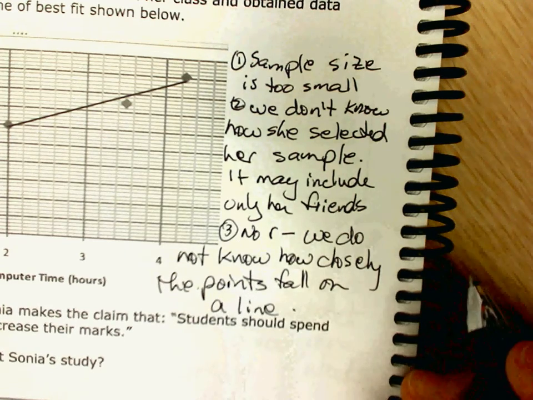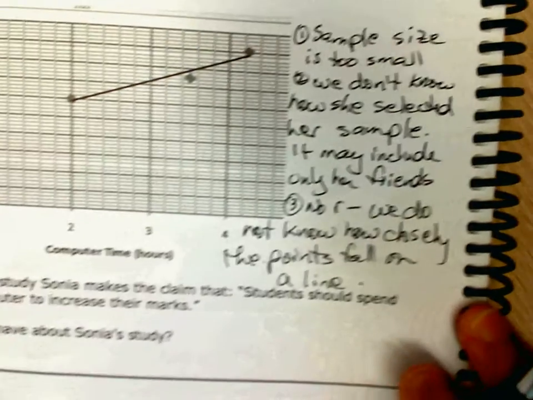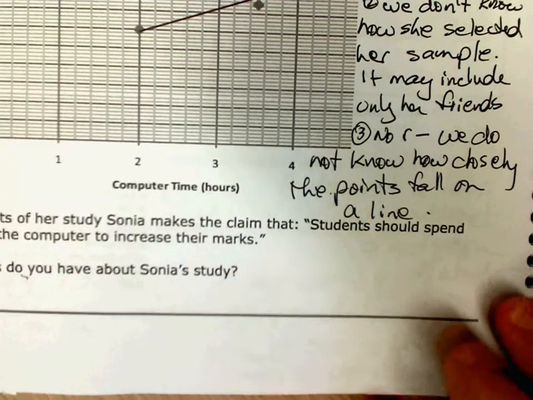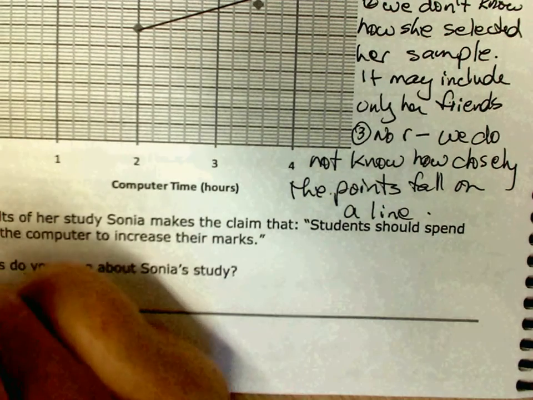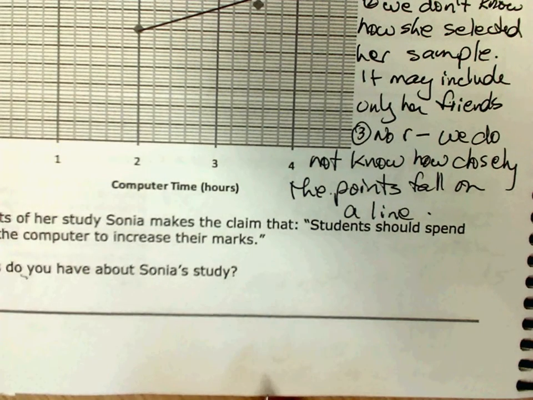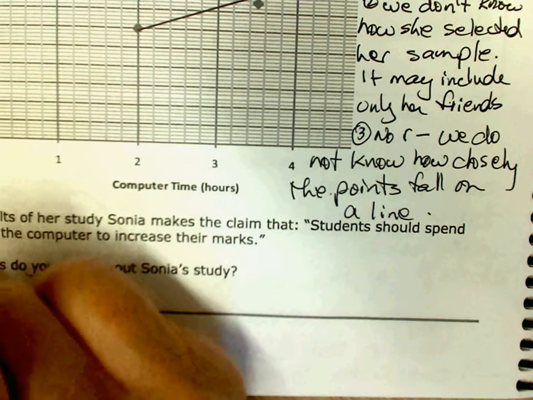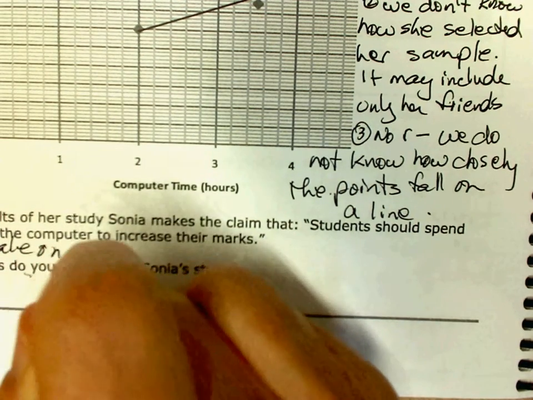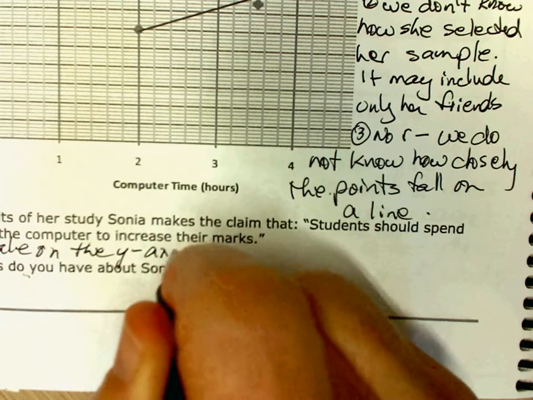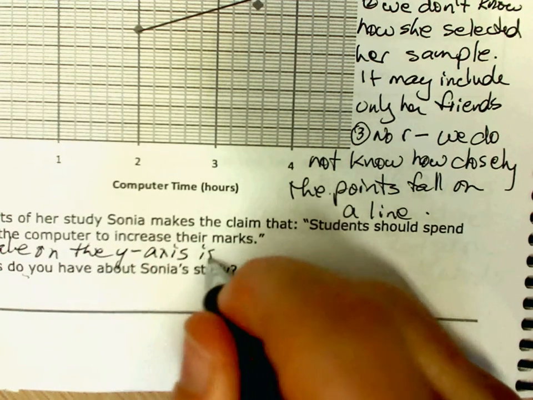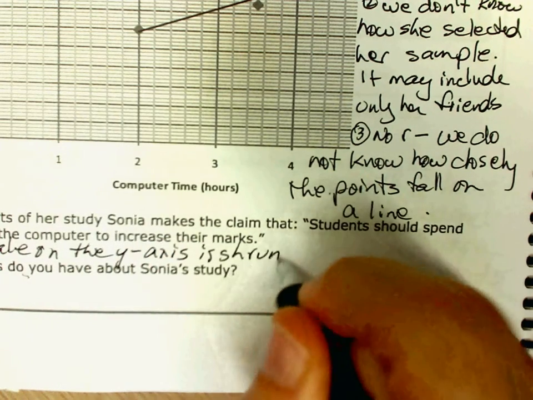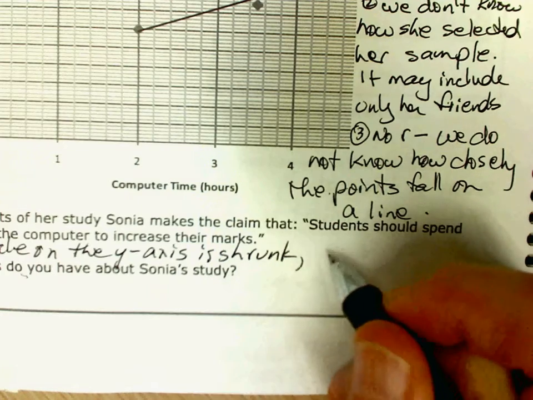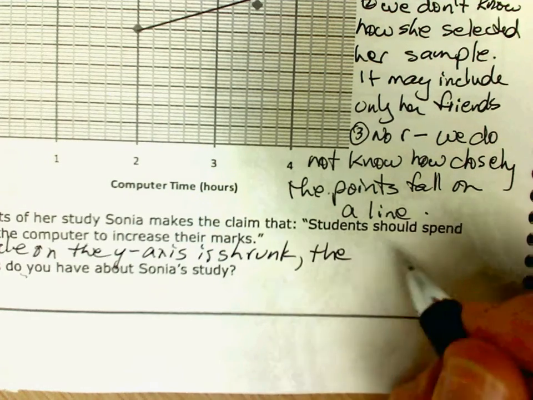Okay, number 4. Let's see if we can fit it in here. So the scale on the y-axis is shrunk. The scale on the x-axis is stretched.